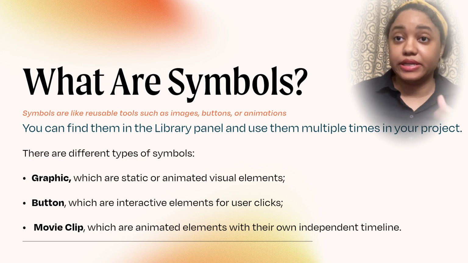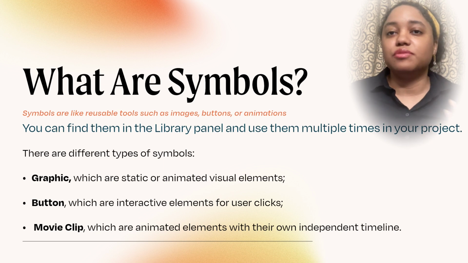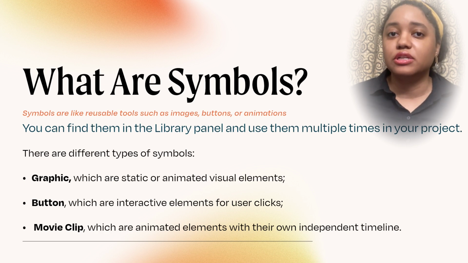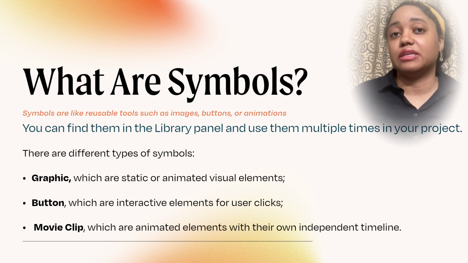Maybe blinking is being done continuously throughout. Even if you move their arms or whatever may be the case, the blinking keeps going because that is what is added to its individual timeline. Then there's buttons. Maybe you want to add something to your website where you click and an animation starts, then you would make it into a button.